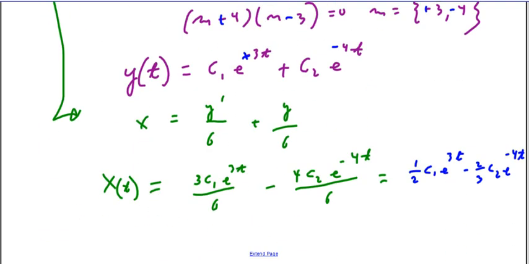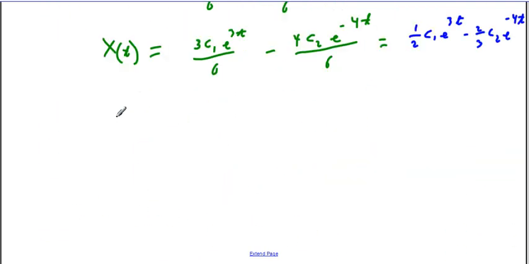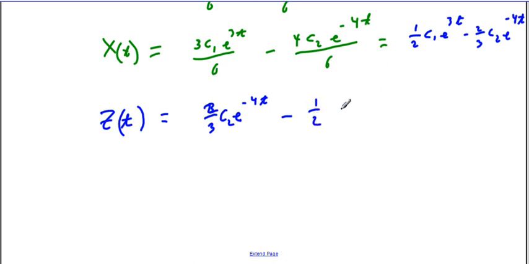We're going to just use that down here and say z of t is going to equal 2/3 c2 e to the minus 4t minus 1/2 c1 e to the 3t. And when we look in the back of the book, that checks with the back of the book.